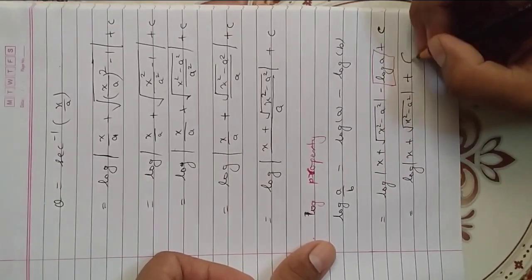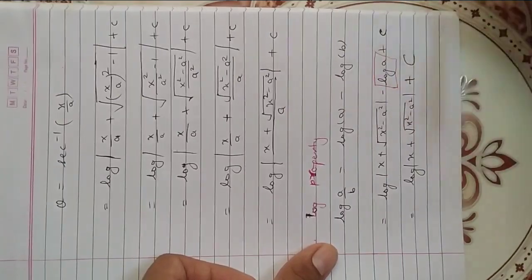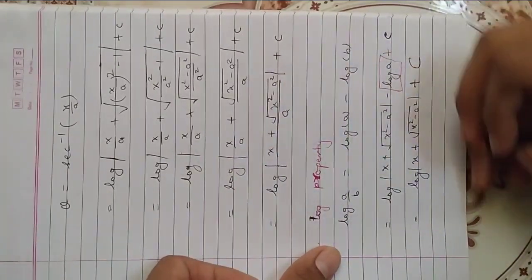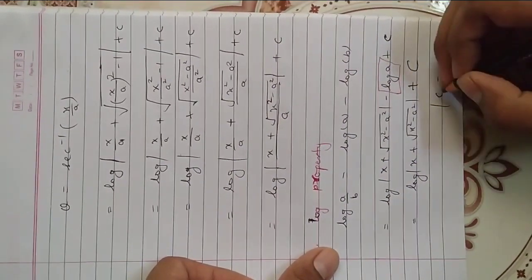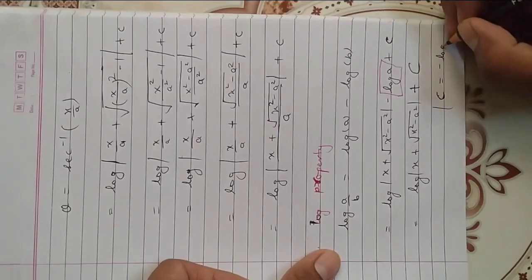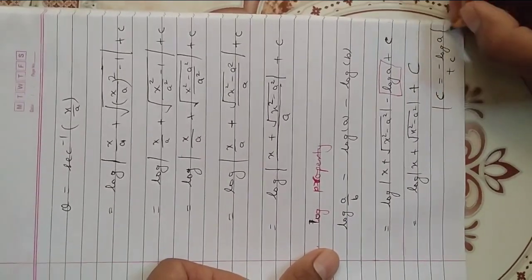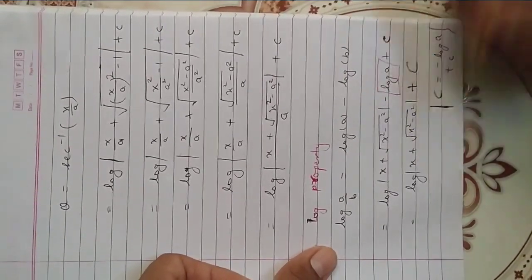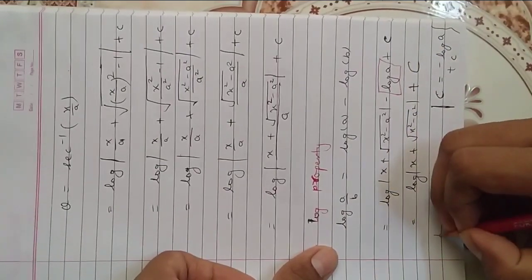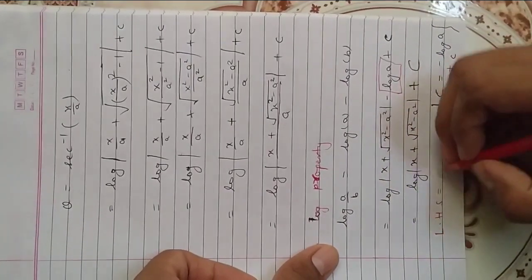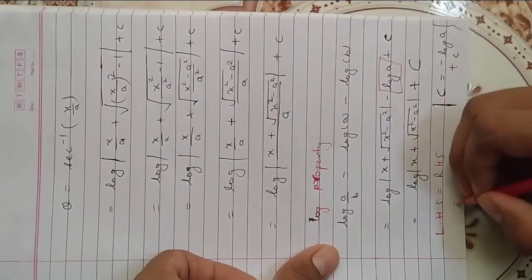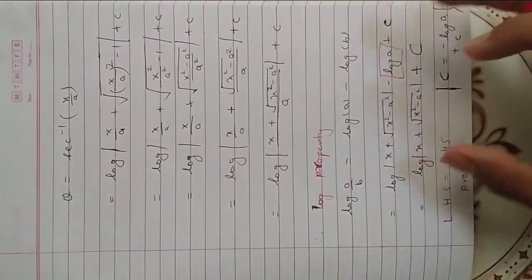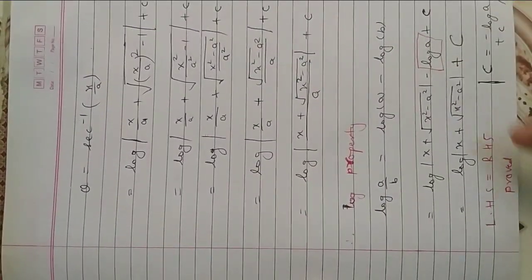So I will write C as a capital constant, which is a combination of minus log a plus c. It is a capital constant. So what we were trying to prove, we got this result and proved our result. So finally I have proved this.